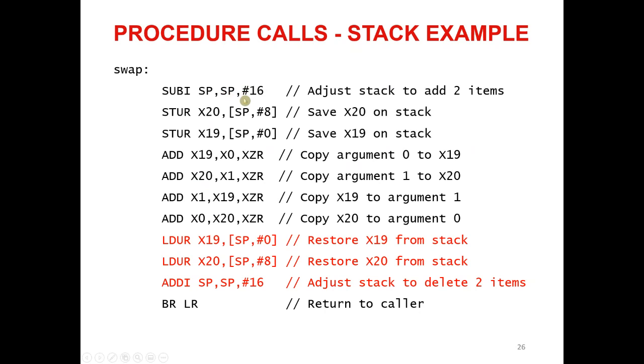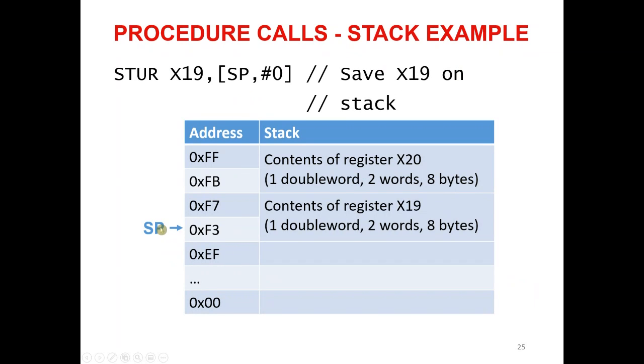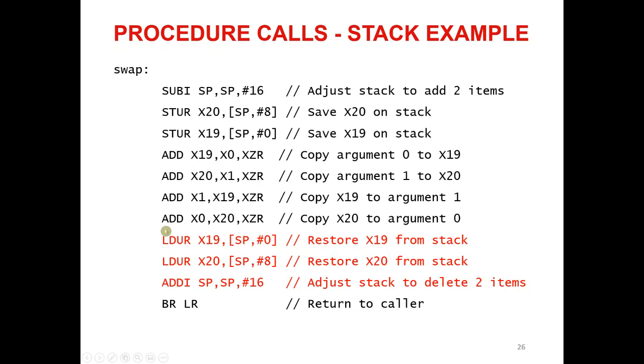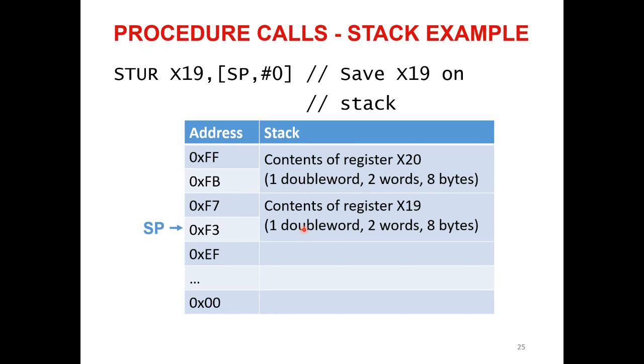So the stack pointer now is pointing to this value. If I subtract 0 from the stack pointer, I'm storing register 19 here. If I subtract 8, the stack pointer is pointing here, and I'm storing register 20 here. So it was correct, and it's actually last in, first out. Many thanks for pointing it out.